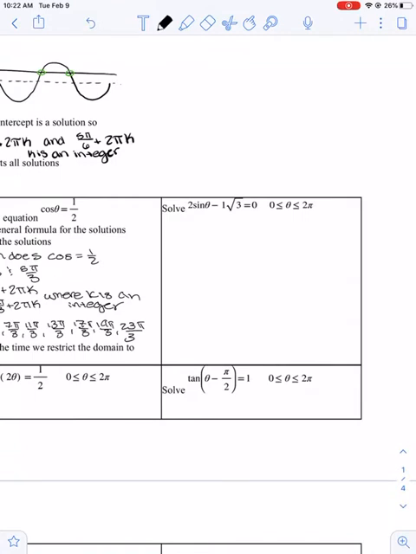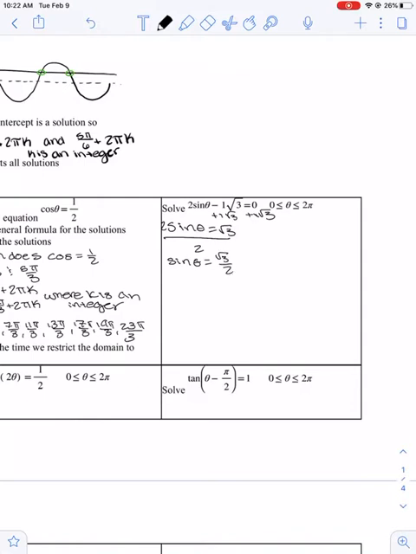Alright, next, solve 2 sine theta minus 1 square root 3 equals 0. So we're going to solve for sine theta. I'm going to start by adding the square root 3 to both sides. So 2 sine theta equals square root 3. I'm going to divide by 2.